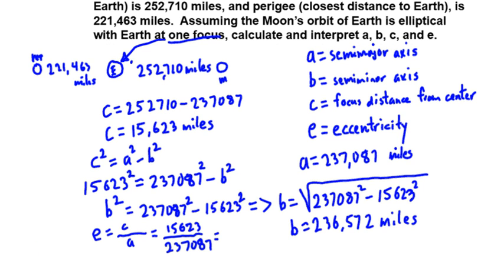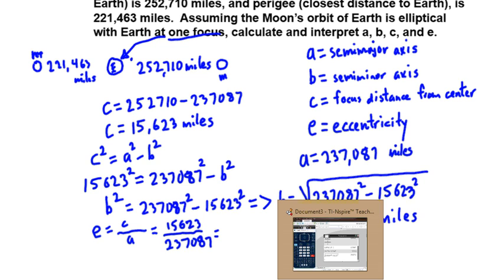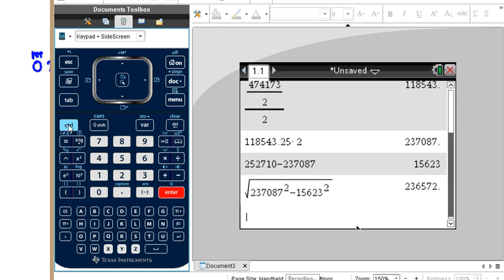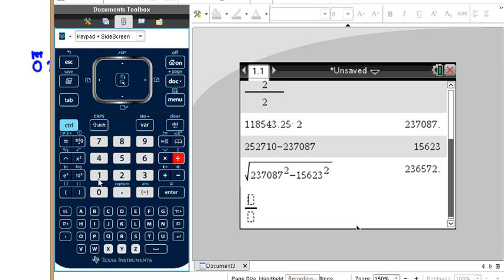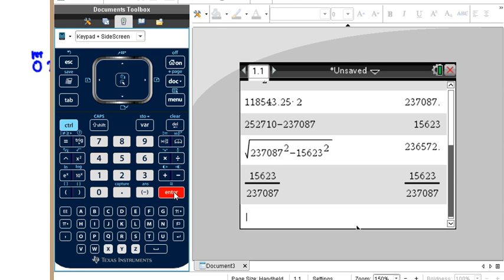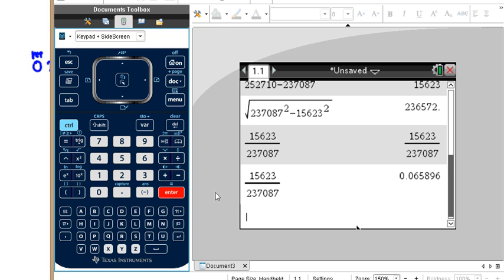Okay, and going to our calculator, we get 15,623, and we're dividing that by 237,087. And so we get an eccentricity of 0.0659, rounded to the nearest 10,000th place.